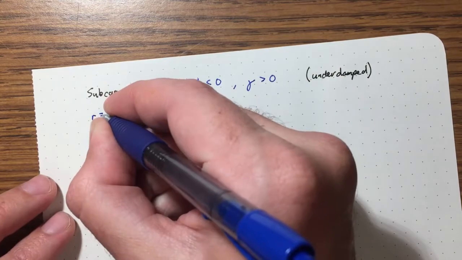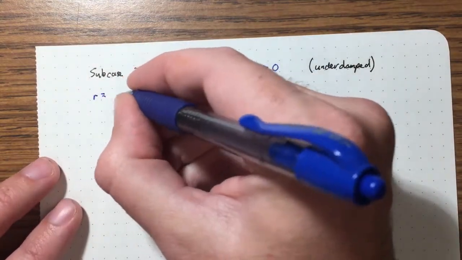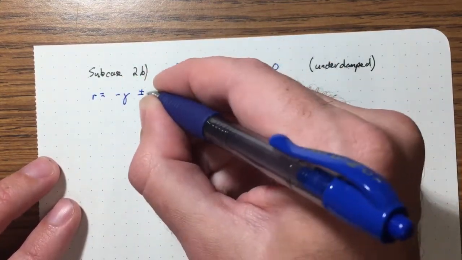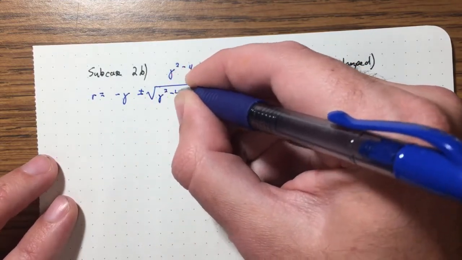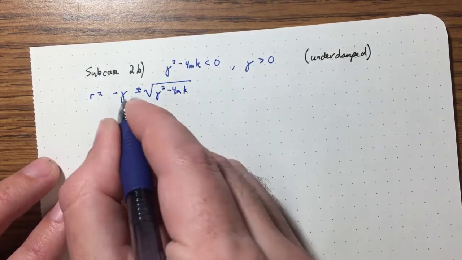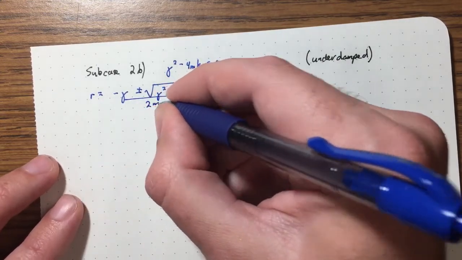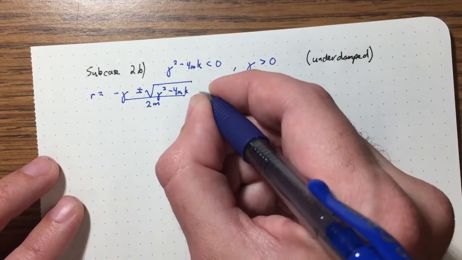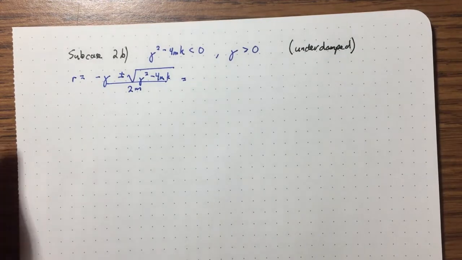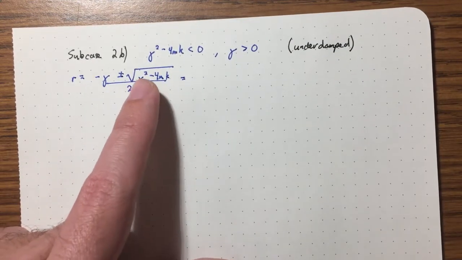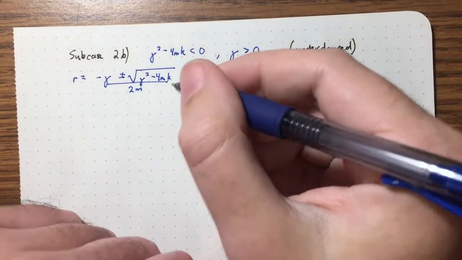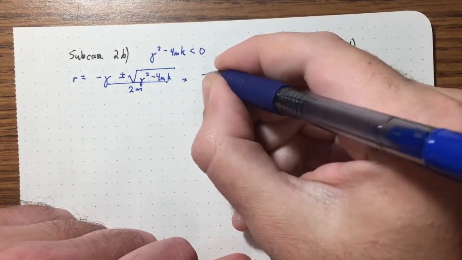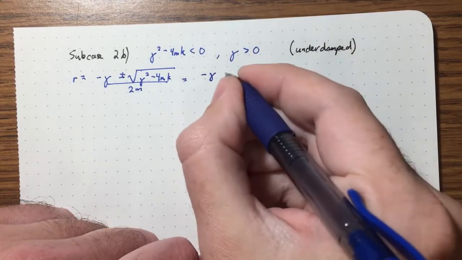Let's write out our roots of the characteristic polynomial again. Gamma squared minus 4mk over 2m. Okay. What can we do with this? So we know that this thing inside the square root is negative, right? So I'm going to try to make that obvious in the way I write it.